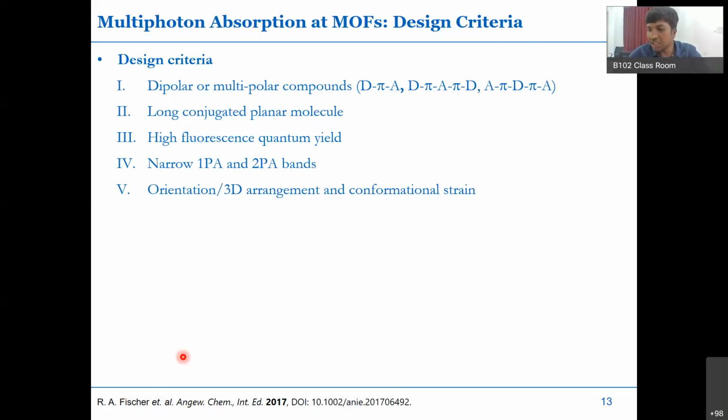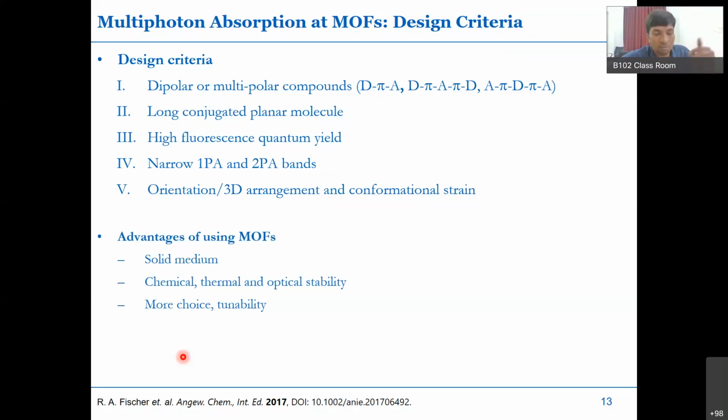You can design these materials in 3-dimensional arrangements: what kind of arrangement you want, what kind of aggregation you want, how far apart they should be, and what the angle between them is. All the linkers, all this can be controlled well in the frameworks, and we want to utilize these principles. And this is the basic designing criteria.